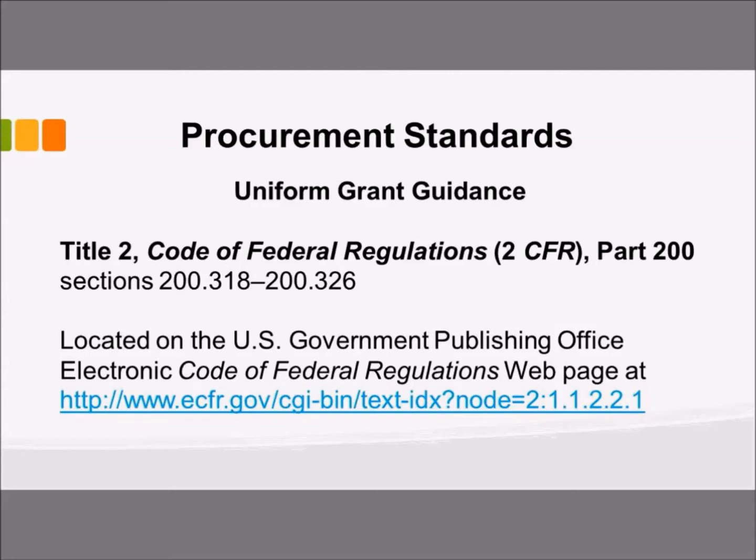The guidance in these regulations pertains to all agencies that receive federal awards or funds, not just agencies participating in the child care or summer programs. The procurement standards are covered in sections 200.318 to 200.326.